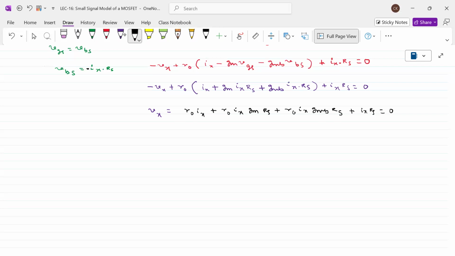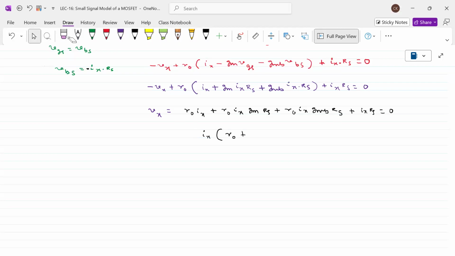But I can make a constant. I can make R naught into Ix. So Ix first, let me take it. Ix is common, because that is what is important for us.